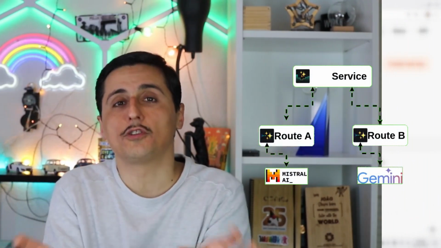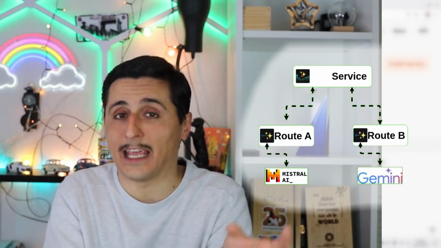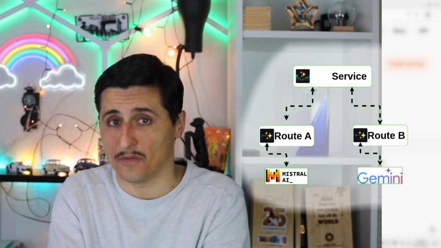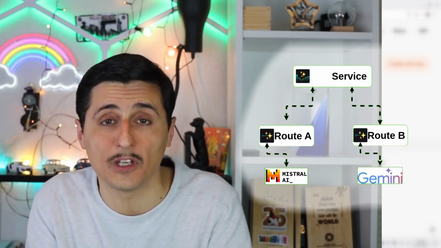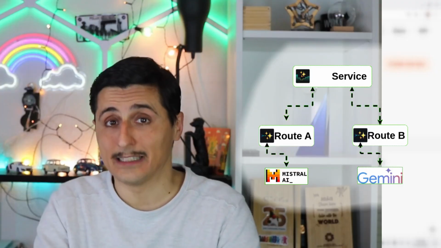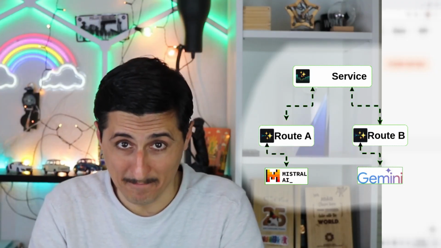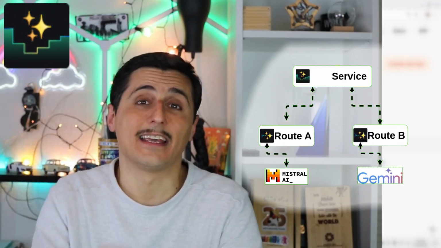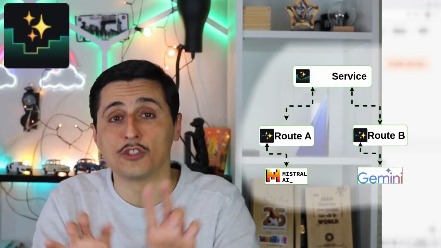If we configure it per route, we will have a good advantage when we try to use the AI Rate Limiting Advanced plugin. The reason for that is that we can then configure, for example, two different routes with two different AI proxy plugins. And on the service level, we can then configure the AI Rate Limiting Advanced plugin, the one we are seeing today, and make sure that it will affect the two different routes.